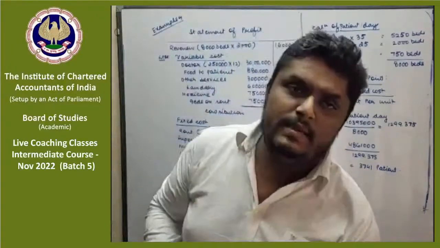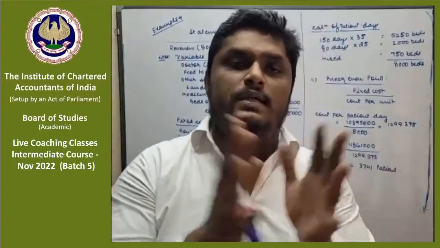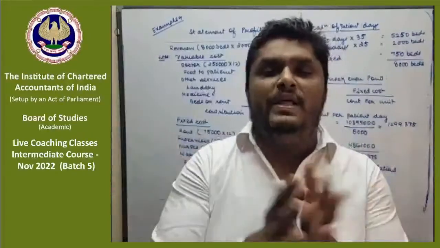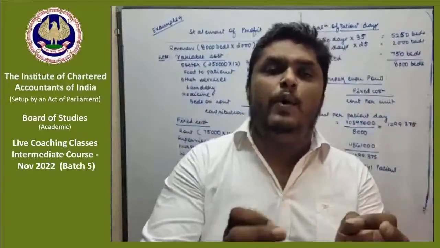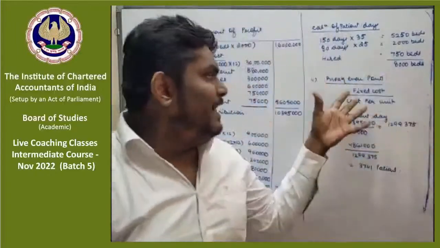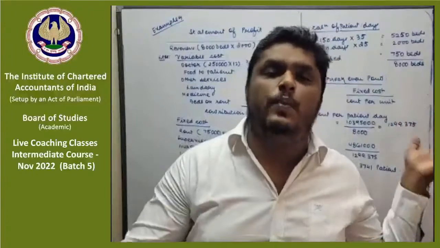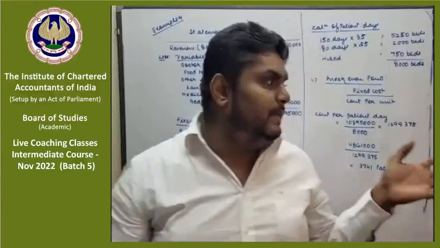So for your knowledge, just giving you a brief, break-even point is the point where there is no profit, no loss. And the formula is fixed cost divided by contribution per unit. I'll be discussing this formula in detail in marginal costing.